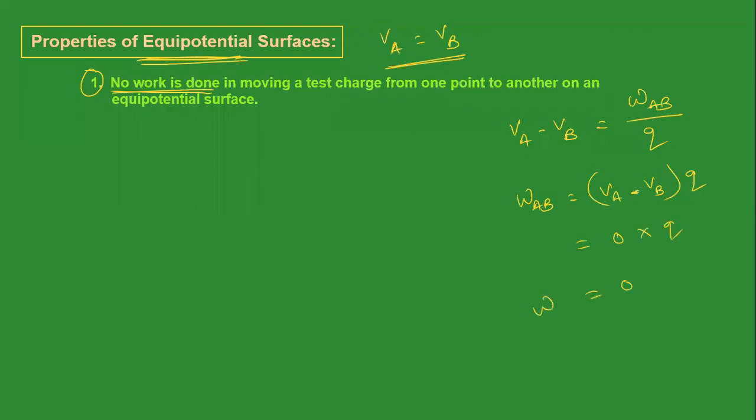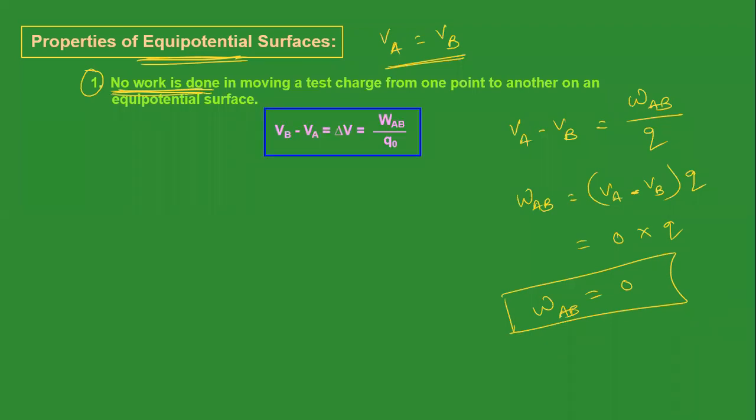So the work done to displace a charge between two points of an equipotential surface is 0, or no work is done. By this we already learned how we get the work done as 0.